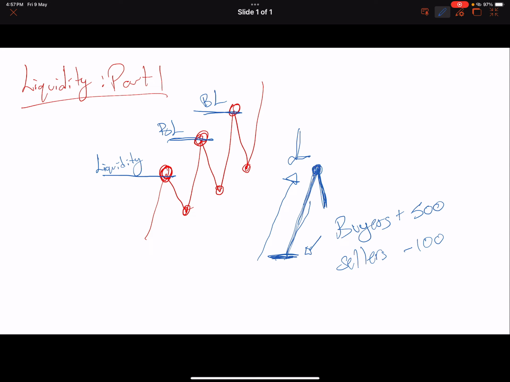And once the buyers are liquidating their profits here, there's a new wave of traders coming in that are selling, and there are some traders who are becoming buyers.